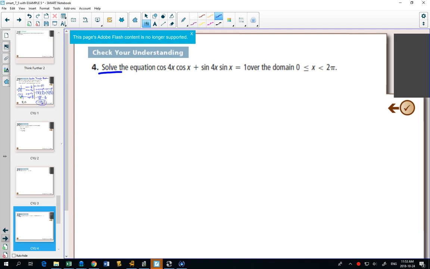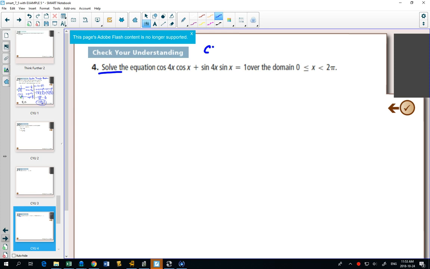One of the reasons I tell you you need to have your formulas mostly memorized is so that when you see cos cos plus sine sine, your mind tells you that's one of your formulas. It'll say, oh, look at your formula sheet, which one does it match up with? Is there one that's cos cos plus sine sine? Yes.